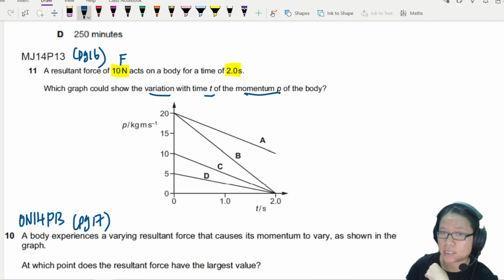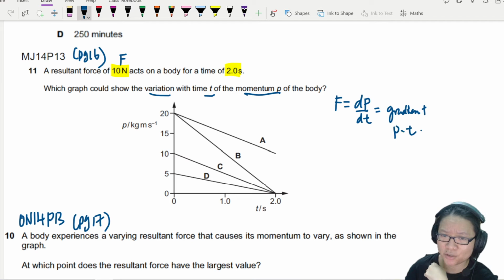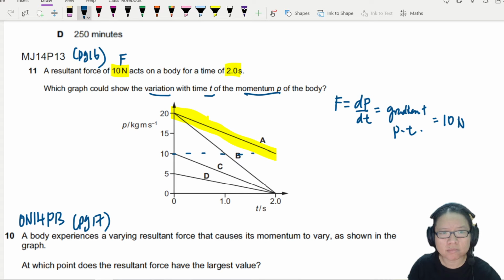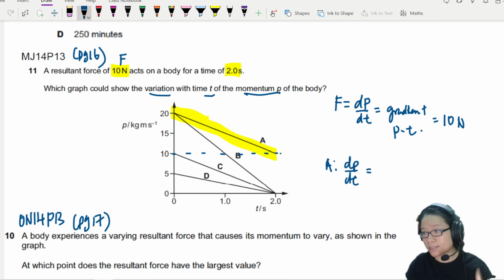Well, let's see. Force is the rate of change of momentum, so this happens to be the gradient of your p-t graph. Which gradient of the p-t graph is 10 Newton? Let's check the first line, A. A drops from 20 to 10, so dp/dt is 20 to 10.